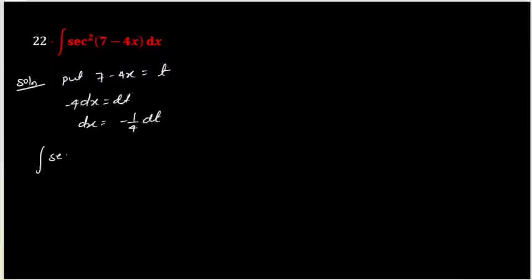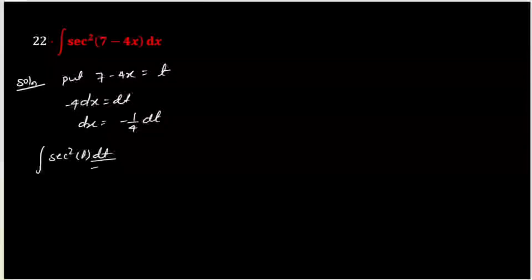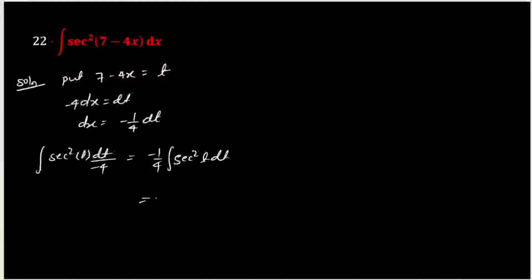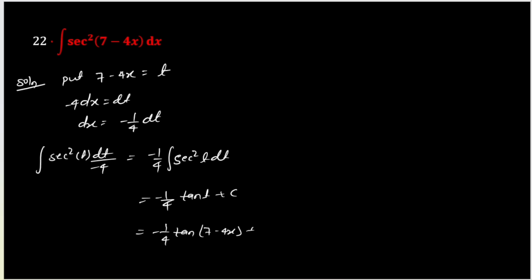Therefore the given integral becomes the integral of sec²t into dt by minus 4, equal to minus 1 by 4 out of the integral of sec²t dt, and this integral is equal to tan t plus c. We replace t in terms of x, we get minus 1 by 4 tan of 7 minus 4x plus c. This is your required answer.